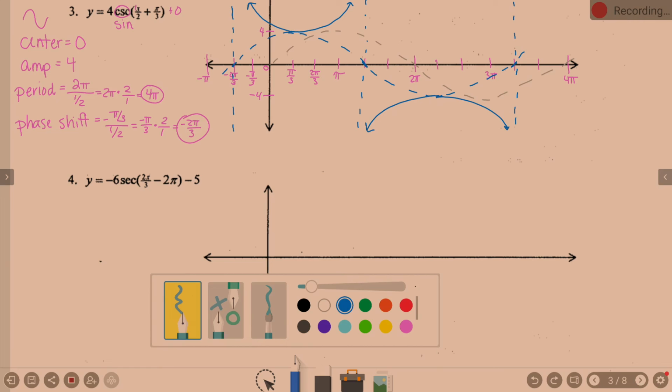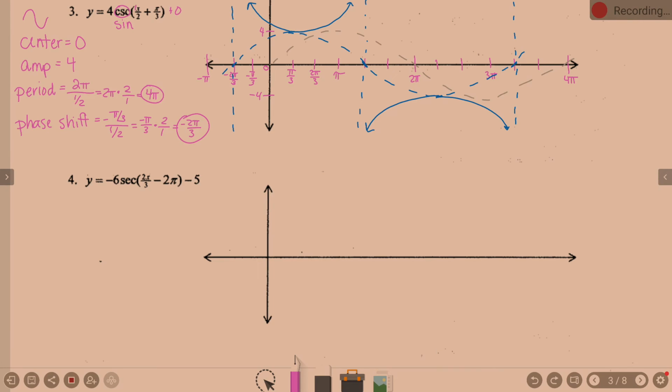What do you know? Amplitude 6. It's cosine. It's cosine flipped. So instead of a valley, it's a mountain.